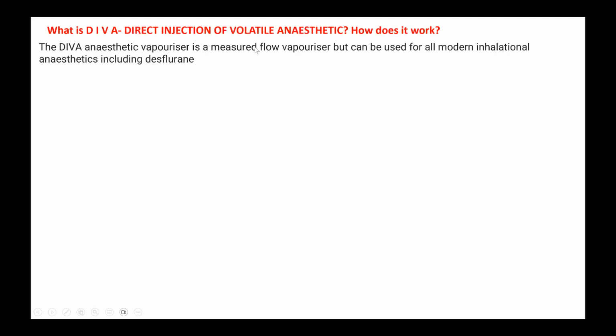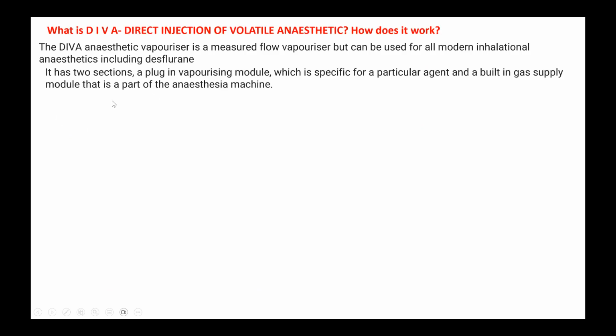And there is another method called DIVA, direct injection of volatile anesthetic agent. This anesthetic vaporizer is a measured flow vaporizer, which can be used for all models of anesthesia for desflurane. It has two sections, a plug-in vaporizing module, which is a specific particular agent module, and the anesthesia machine.